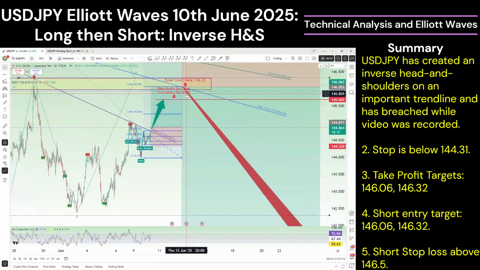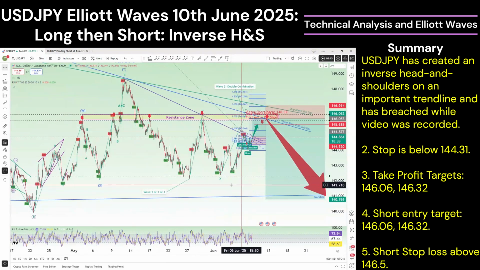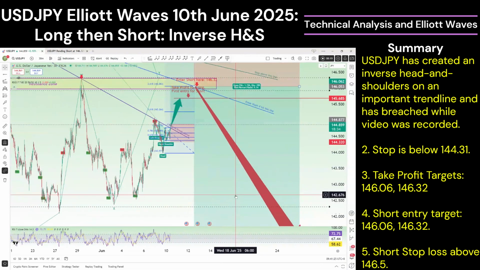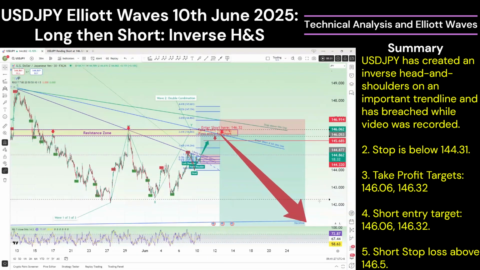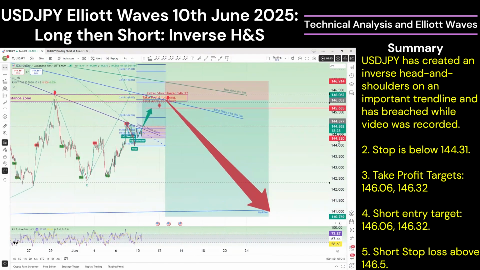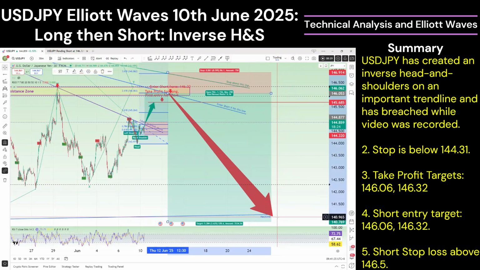It's a bit too convoluted. This page is kind of a mess. So this is a long then short idea. I will just zoom in here, and you can study this. Hopefully, it's not too messy for you.